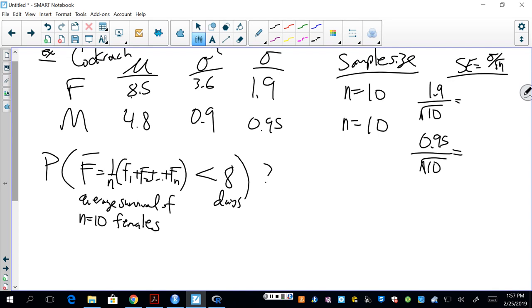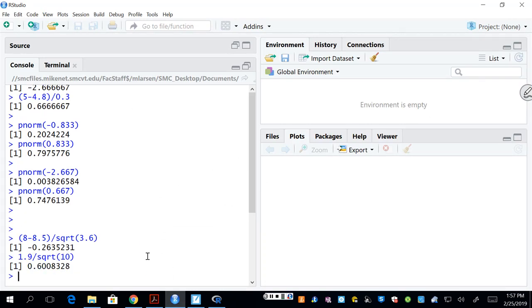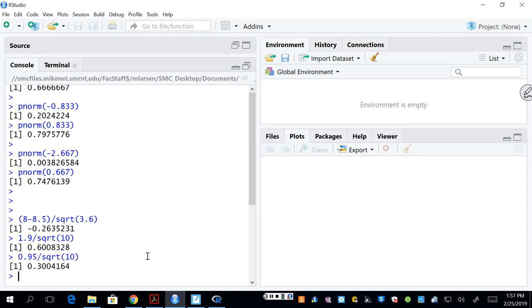And those calculations, so 1.9 divided by the square root of 10 is 0.6, 0.95 divided by the square root of 10 is 0.3, so 0.6 and 0.3.